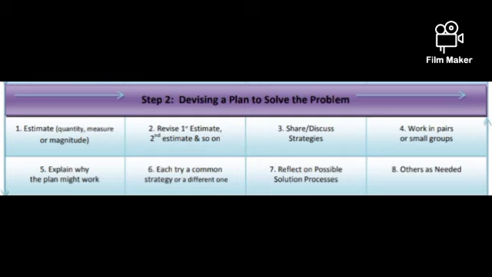And number 2 is revision of the estimate. You may have to revise the first estimate and even make a revision to make another estimate. And this estimate may also be revised, but each time you revise an estimate, that is one way of making sure that you are moving closer to a plan that can work out to solve the problem.